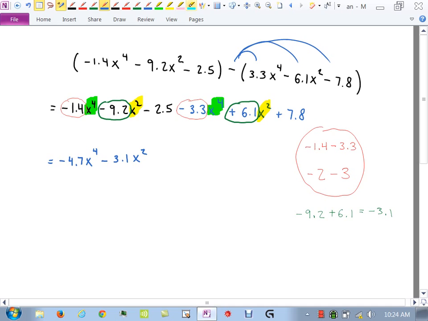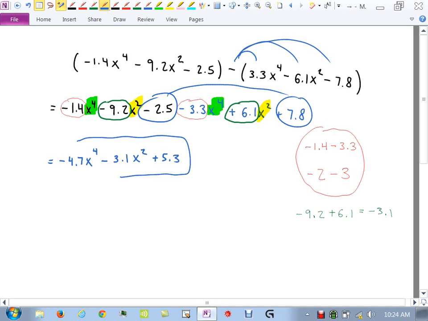And then the last one, we put together just those constants that are by themselves in the back. Those two. 5.3? Okay. Plus 5.3. That's it. It takes time.